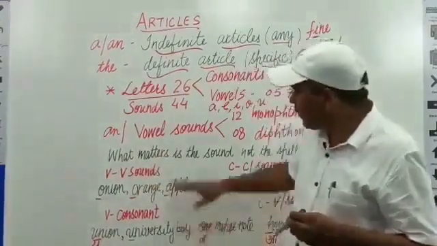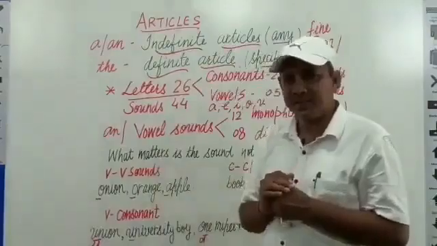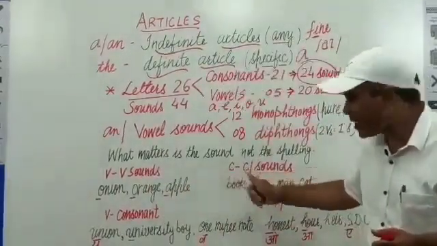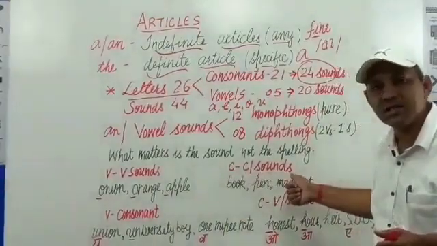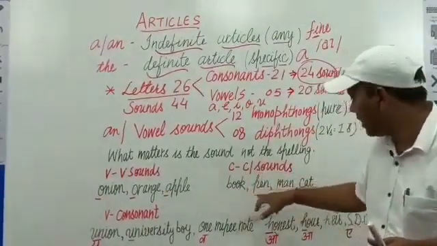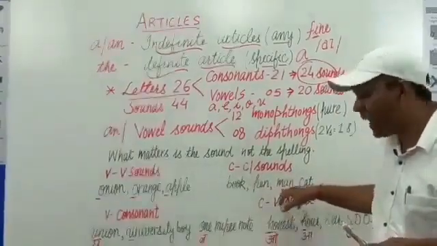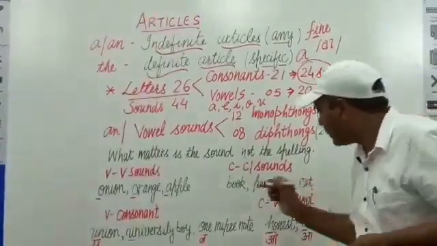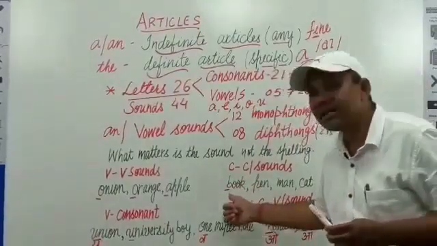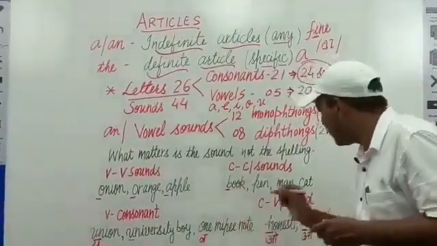In the same way, most of the consonants produce consonant sounds. For example, book, pen, man, cat. This consonant B produces the B sound in this word.